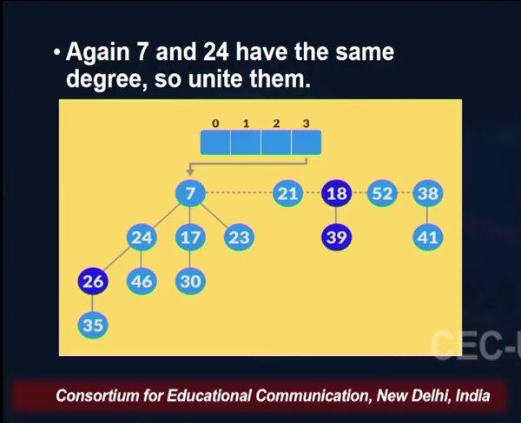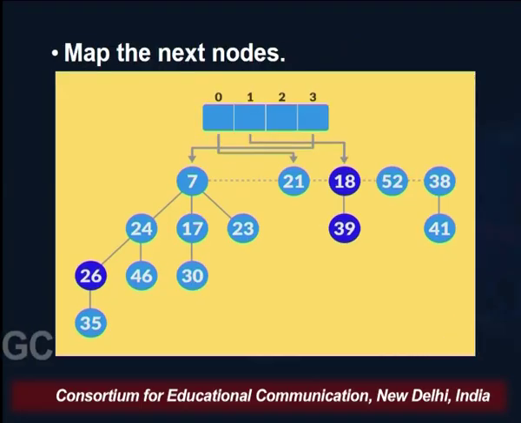Now, what is going to be the next step? We need to map these nodes as well. So, for 1 we have 2 which are 18 and 38, and for 0 we have 21. For 3 we have only 1, which is the newly united tree rooted at 7 and having its 3 children.